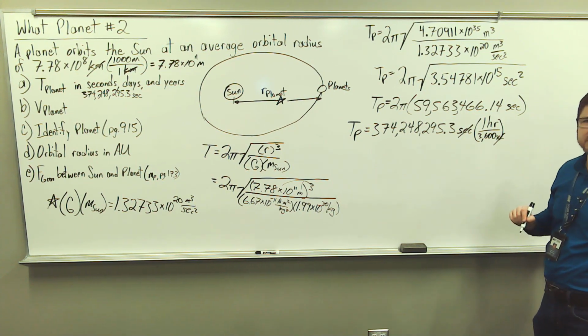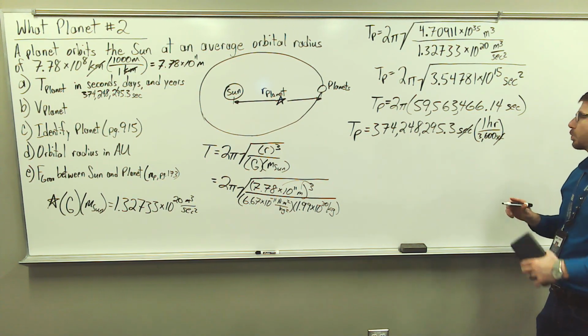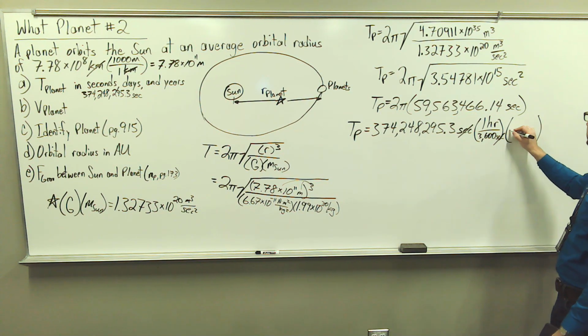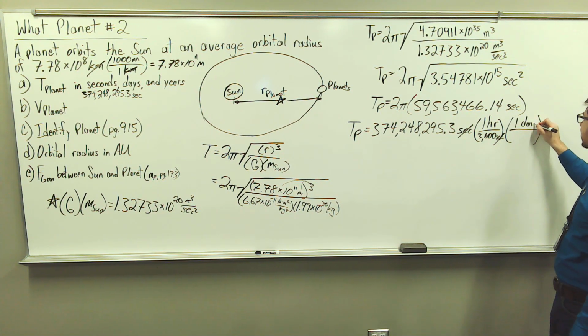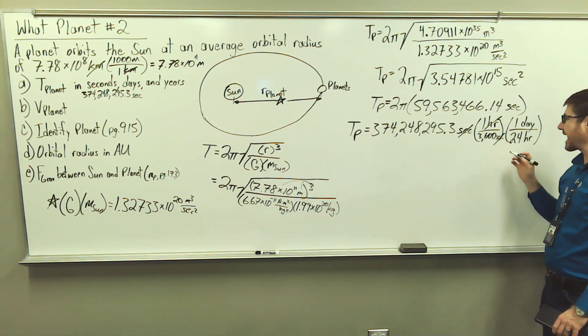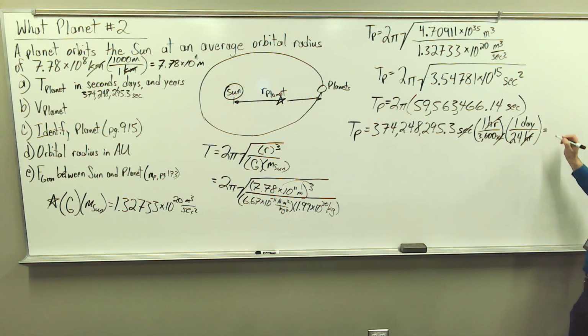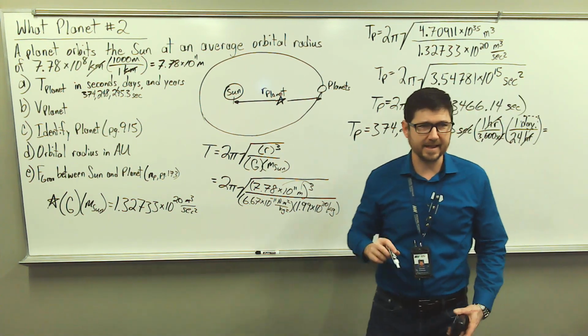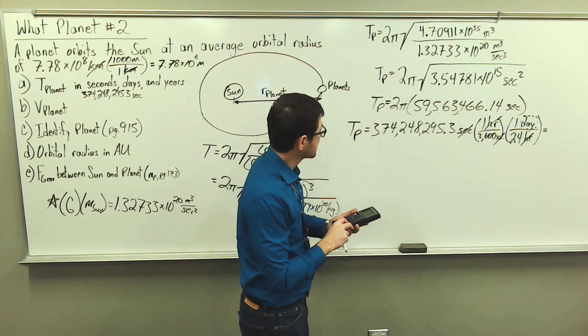We're left with units of hours, but we need to perform one more step. We know that in 1 day we have 24 hours. You can see we have hours in the numerator and hours in the denominator. So our units of hours will cancel, leaving us with units of days. So let's go ahead and multiply through here.